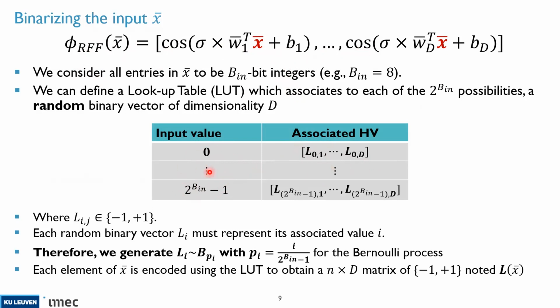Meaning that if you're trying to encode a value between 0 and the maximum integer that you can represent, you would want, for example, a hypervector that has an equiprobable chance of having +1s and -1s. And so you want to scale the probability of having a +1 over a -1 linearly with the value that you are trying to encode in your lookup table, so as to represent through the statistics of these hypervectors the value of x.